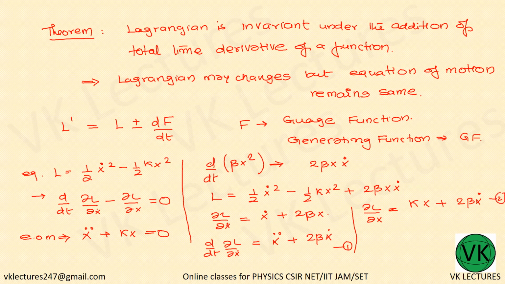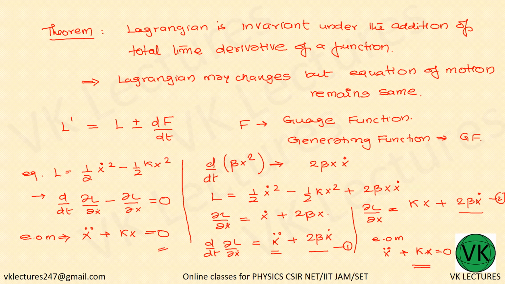When we subtract the second from the first, you get x double dot, and 2 beta x dot and minus 2 beta x dot get cancelled. So the equation of motion again remains the same, that is x double dot plus kx equal to 0.